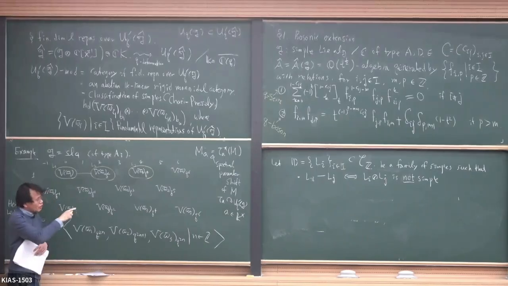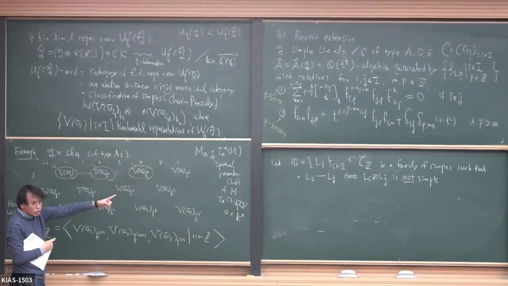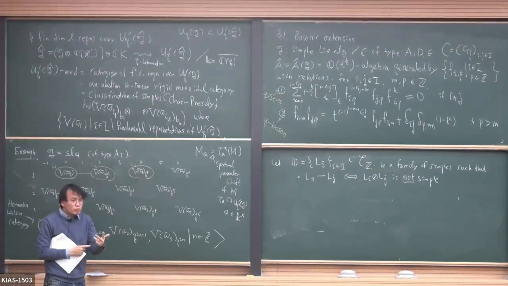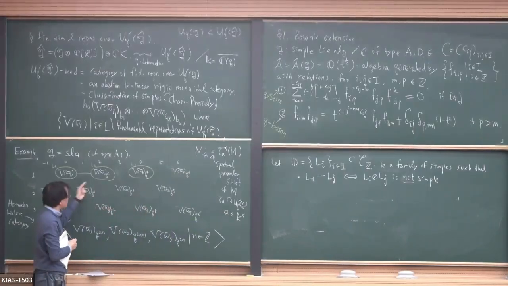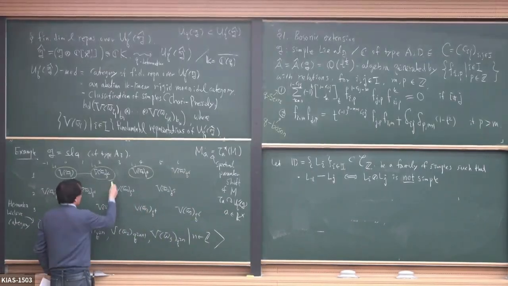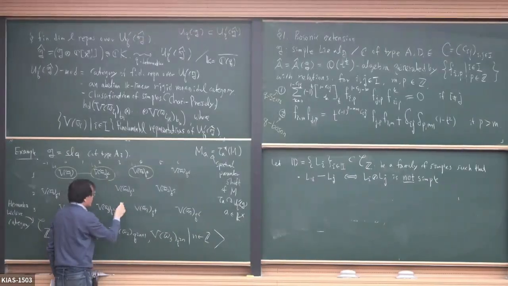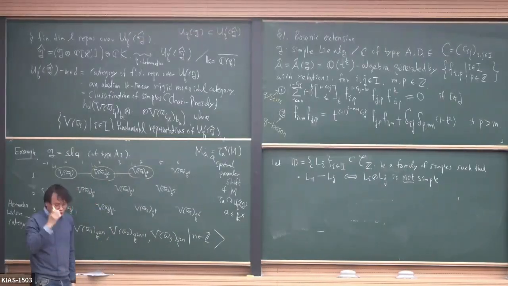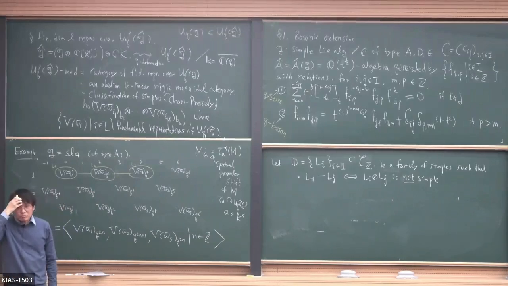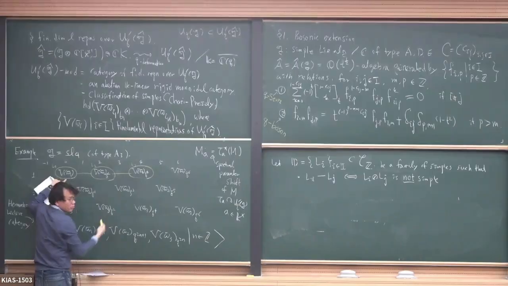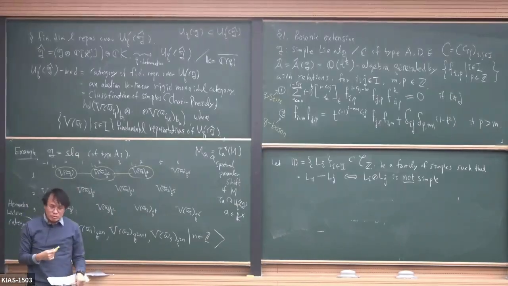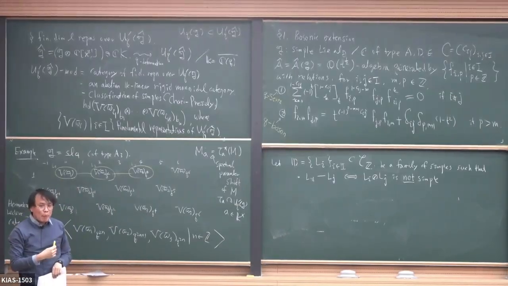So in this example, I need to take three simple objects in this category, which satisfy some conditions. So for example, you can take those three. Then those two give a non-simple tensor product, and those two give us a simple tensor product.